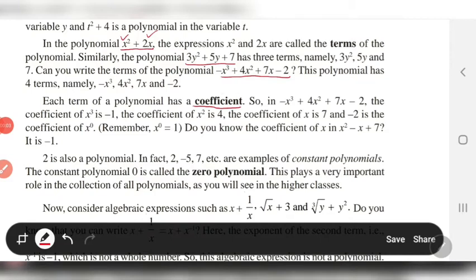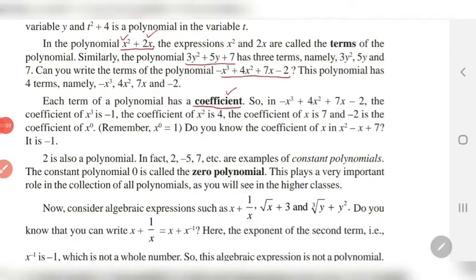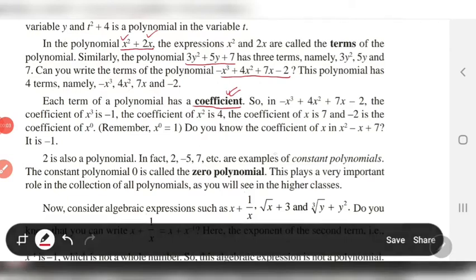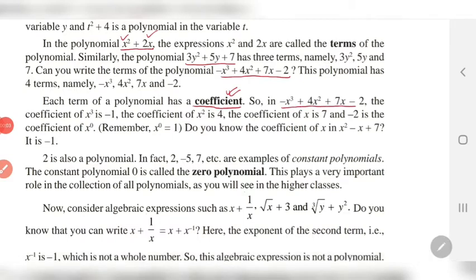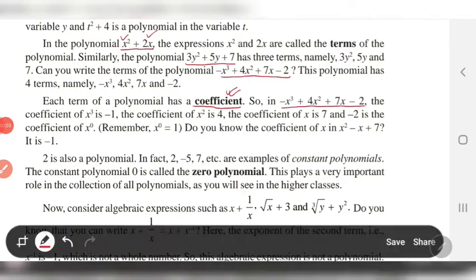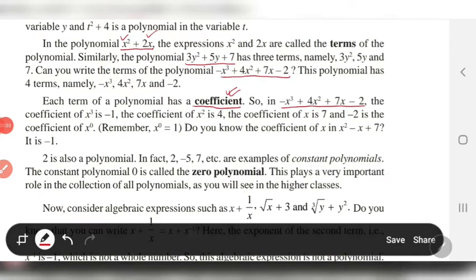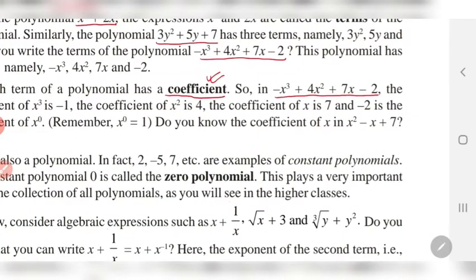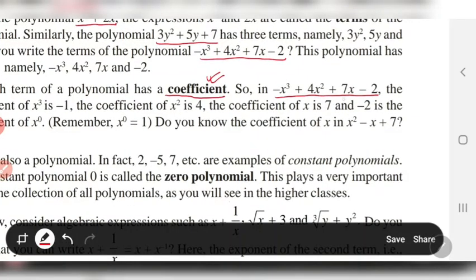Now if you understood about the terms, let us see about the coefficient. Okay, check these terms of the algebraic expression: minus x cube plus 4x square plus 7x minus 2.